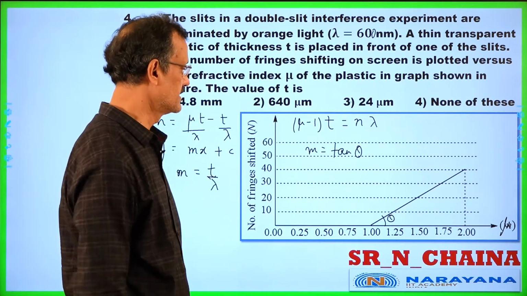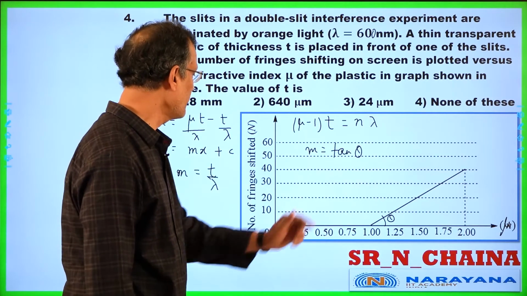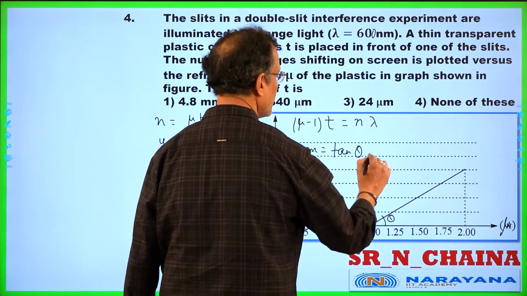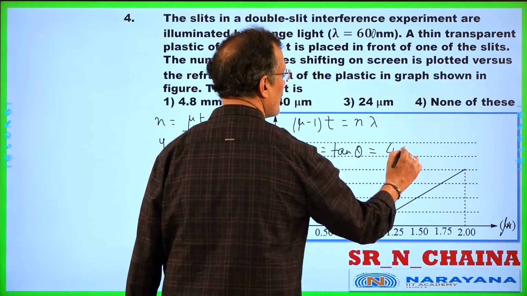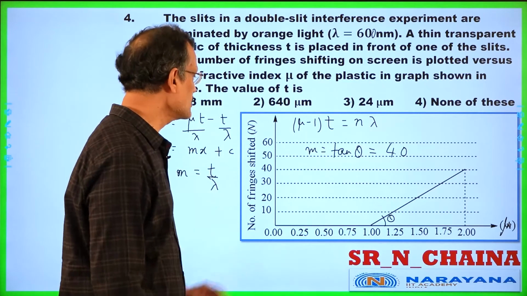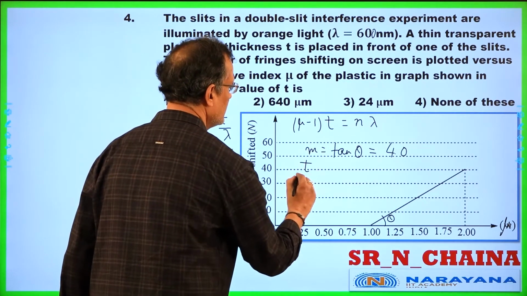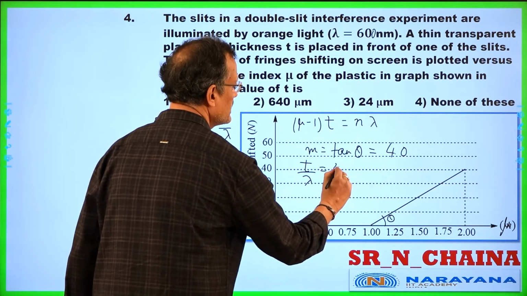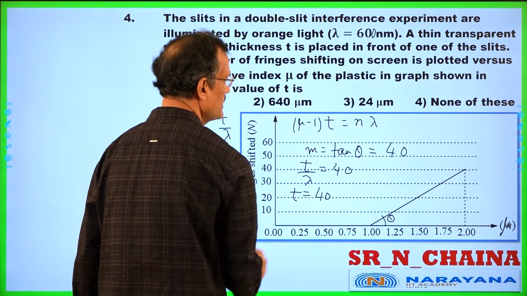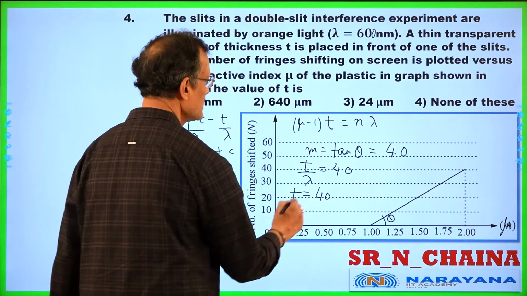How much will tan theta be? Perpendicular by base. This is 40. 2 minus 1 is 1. This is 40. Understanding now? It means your t by lambda is 40. t will be equal to 40 times lambda, 600.